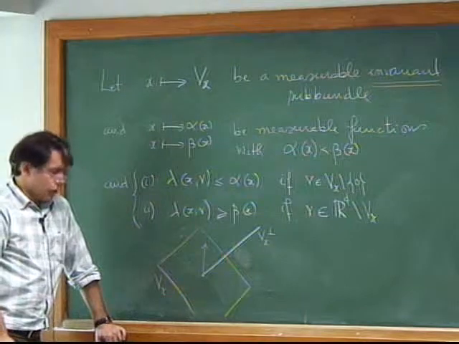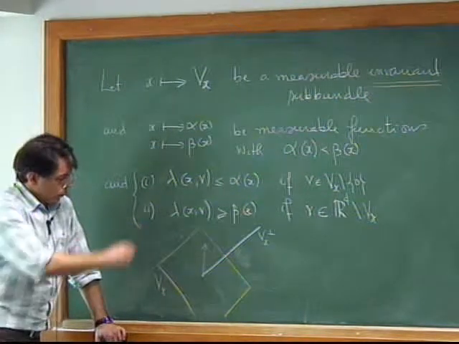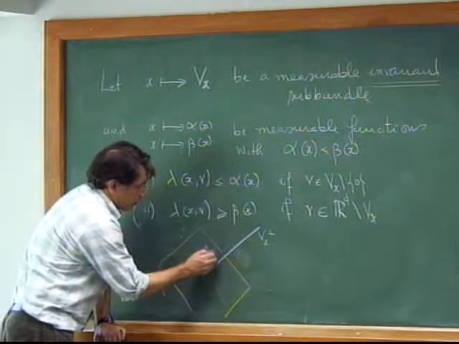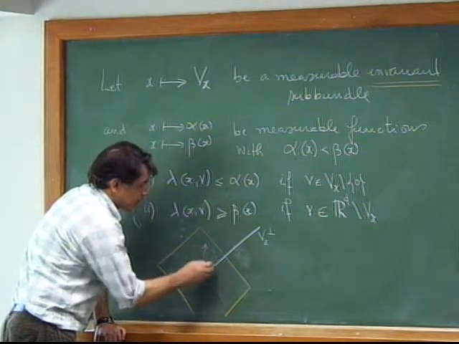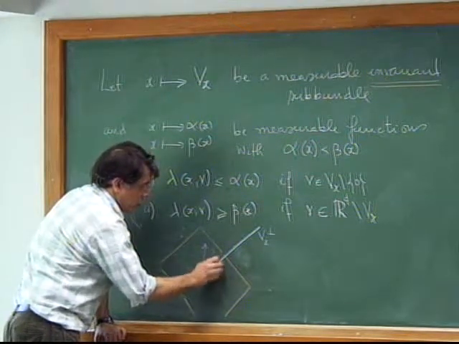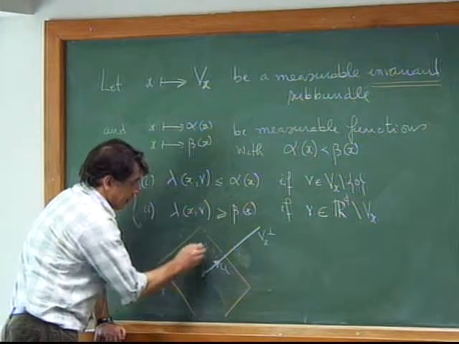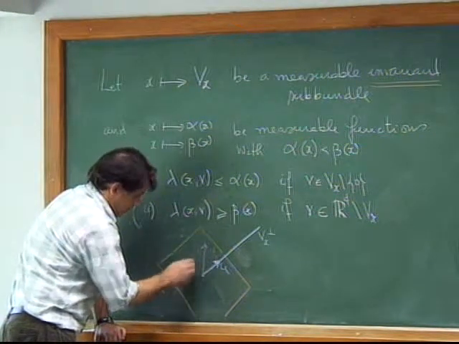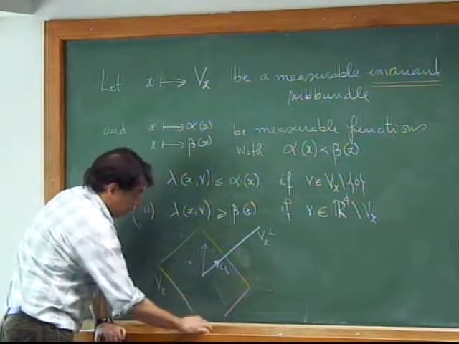This vector can be decomposed with a component along the orthogonal that I'm going to call u, and then a component along Vx that I'm going to call v.